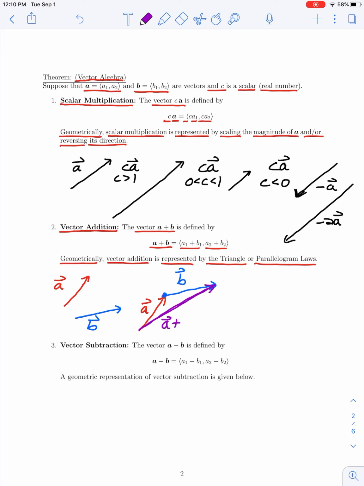So here we would have A plus B as the sum, and this is referred to as the triangle law. So again, to use the triangle law, you place the initial point of one of the vectors at the terminal point of the other vector, and then the vector A plus B is the vector which completes that triangle.